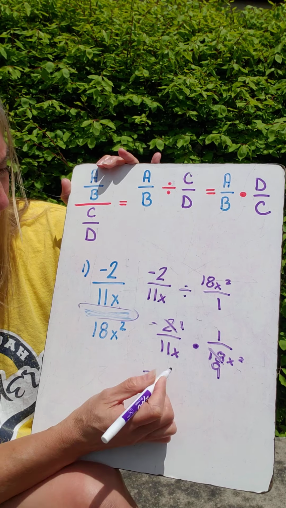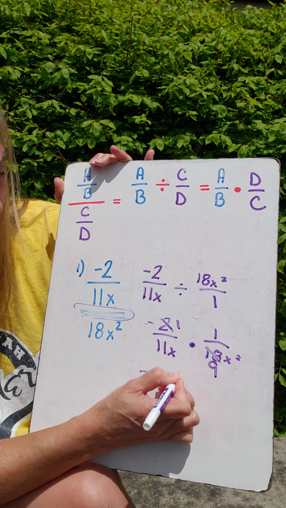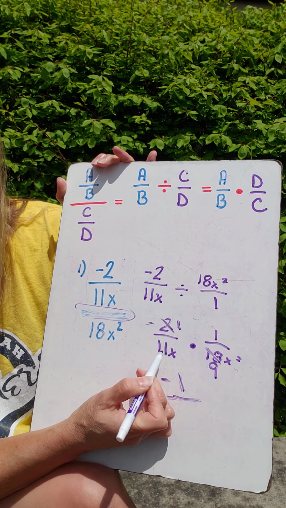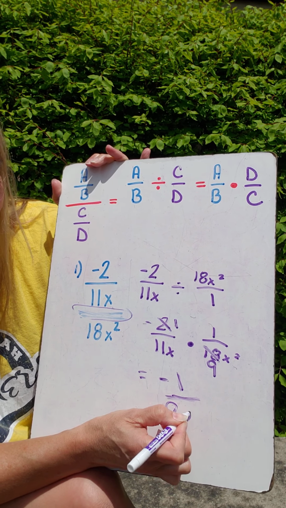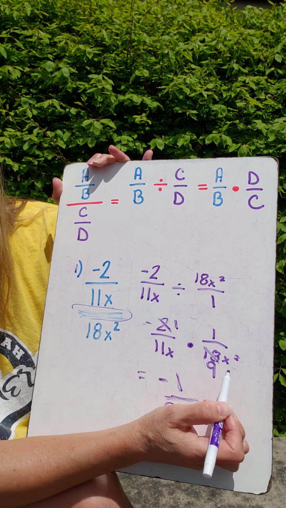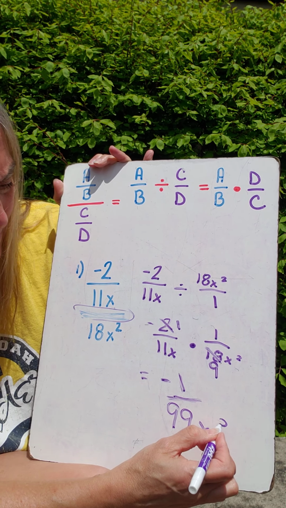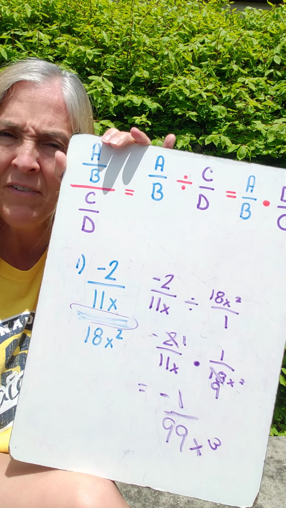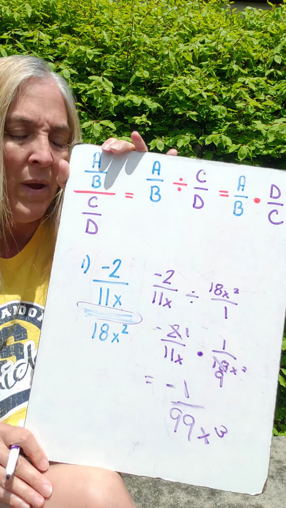And I'm going to get negative 1 times 1 is negative 1. And that's going to be divided by 11 times 9 is 99, and an x with an x squared is x cubed. So that one only simplified a little bit. Usually you're able to cross out a few things and make it a much smaller fraction.